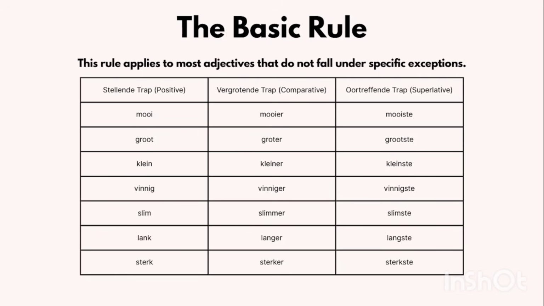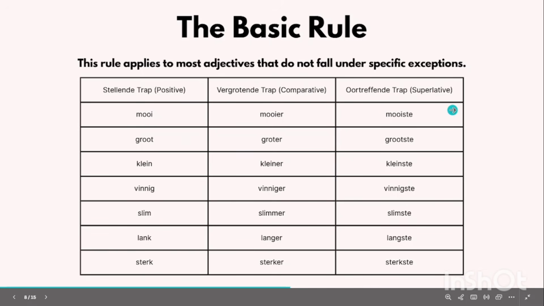Okay, so the basic rule applies to most adjectives, because type of vergelijking is applicable to adjectives, the word that describes the noun, that do not fall under specific exceptions. We've already done this one: mooi, mooier, die mooiste. I didn't add die here, but I expect you to know that.